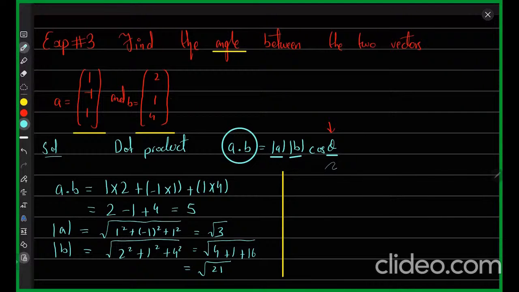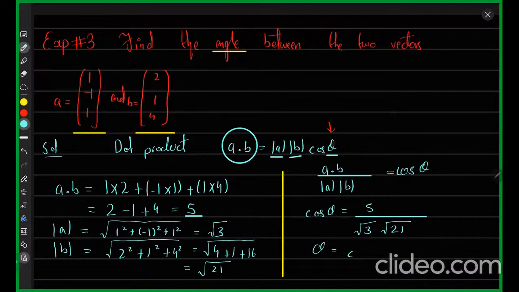So finally, after finding out everything, now I am in the position to use this formula. I can make cos theta the subject by doing this. A dot B divided by A mod into B mod is equal to cos of theta. So cos theta is equal to A dot B, that turned out to be 5, divided by mod A, that was root 3, into mod B, that was root 21. And now I can find out theta by taking cos inverse of the two quantities.